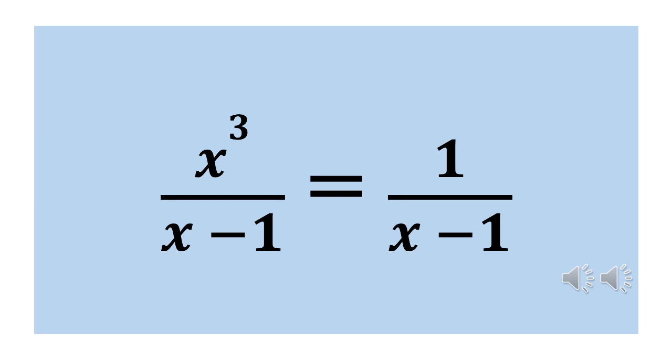We shall quickly consider the last question. Though I only put one exercise there last time, I added two to this particular one. The first question we are going to treat today is: if x raised to power 3 all over x minus 1 equals 1 over x minus 1, we are to find the value of x.